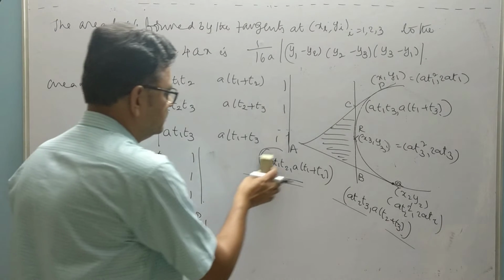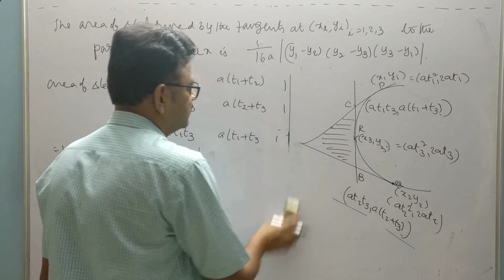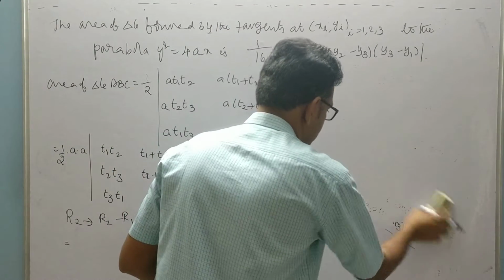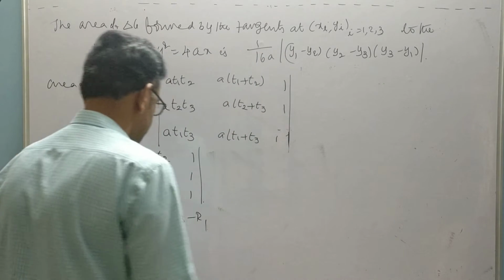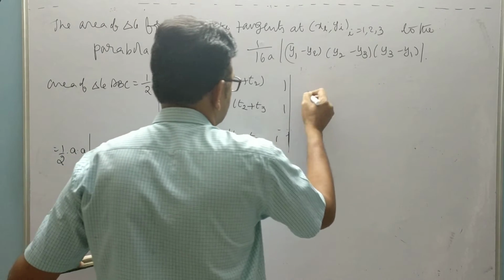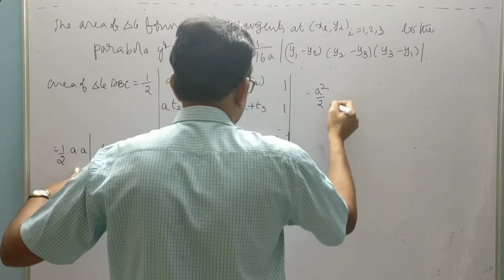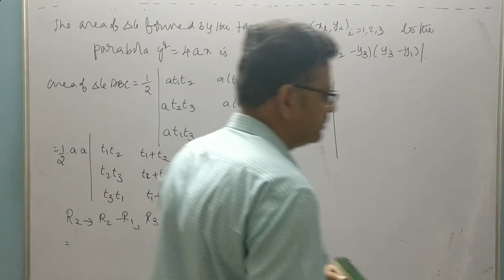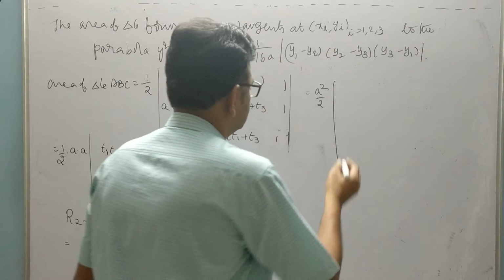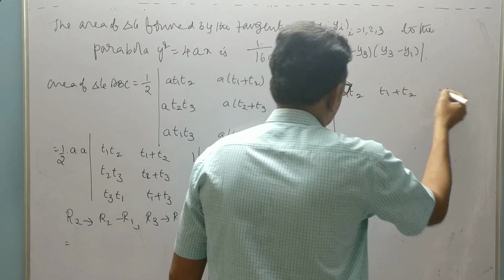So that is equal to 1, a square by 2 into the determinant of: R1 is as it is, T1, T1 plus T2, 1.